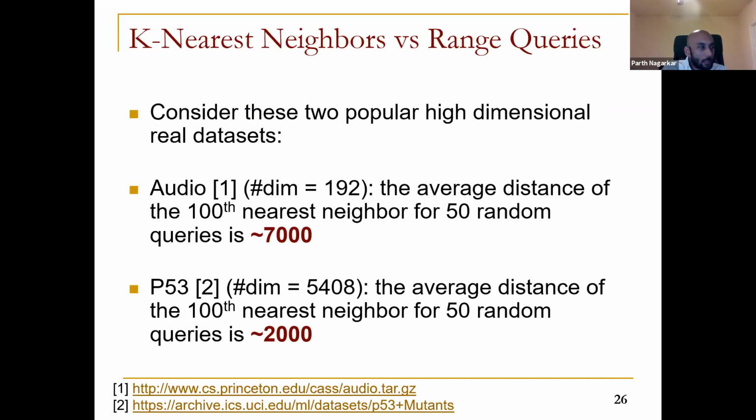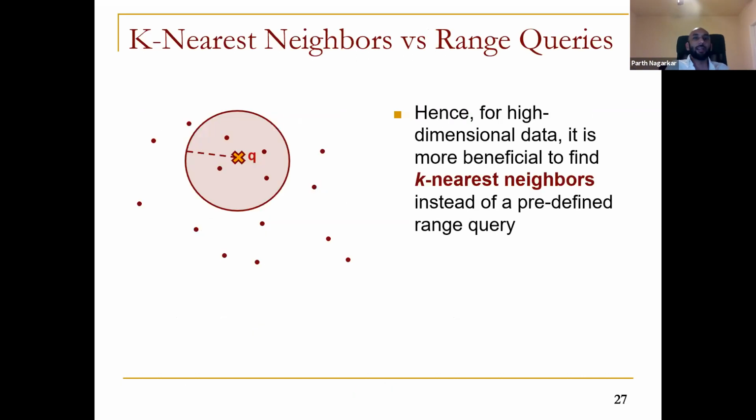So in these cases, instead of range queries, it's better to have a nearest neighbor query. If I contrast it with nearest locations, as a user of a map application, I know that I want everything in a 5-mile radius.